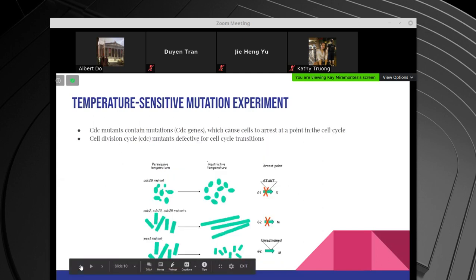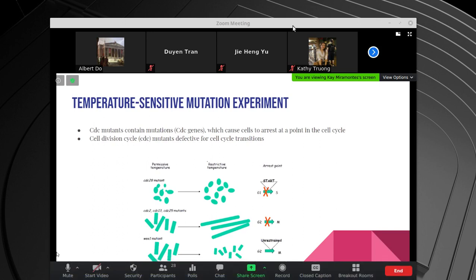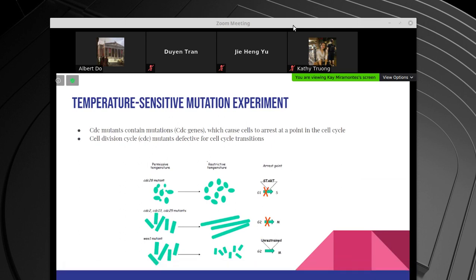Okay. So these CDC mutants have mutations which cause cells to arrest or stop at a specific point in the cell cycle, meaning a normal gene product is required to get past this point for proper propagation to occur. So most conditional cell cycle mutations are temperature-sensitive mutations in which the mutant protein fails to function at high temperatures, but functions well enough at low temperatures for cell division to occur.